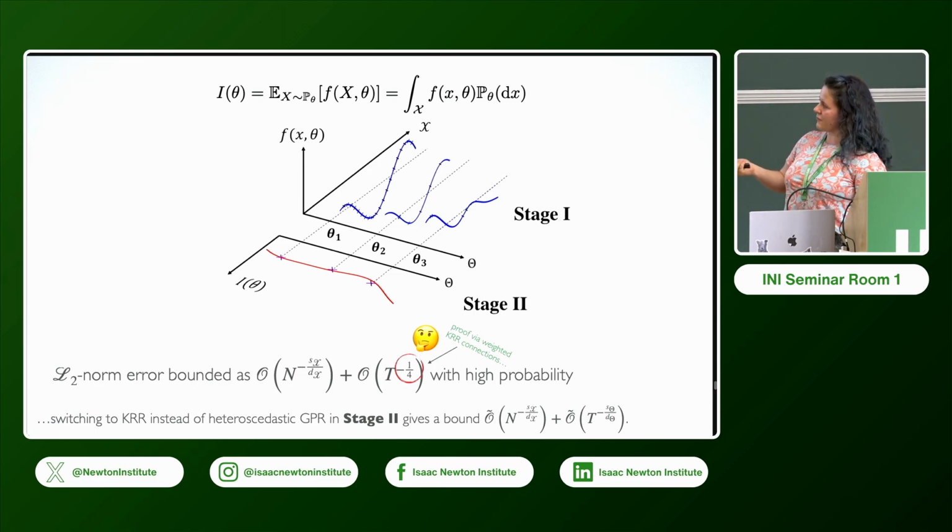Experimentally, and somewhat unfortunately, the homoscedastic regression here didn't underperform the heteroscedastic one. But yeah, I think both are still worth trying, and this result should just be improved.